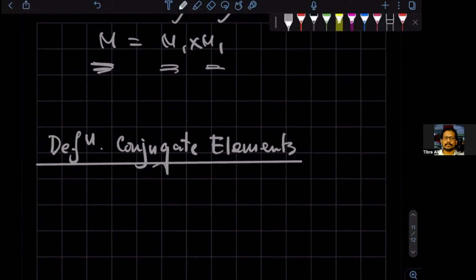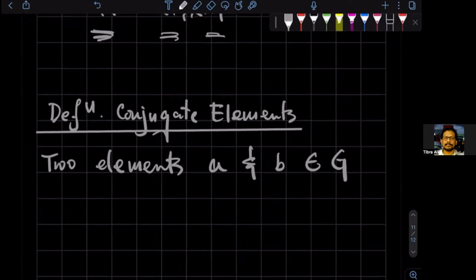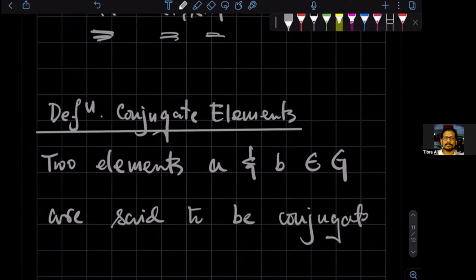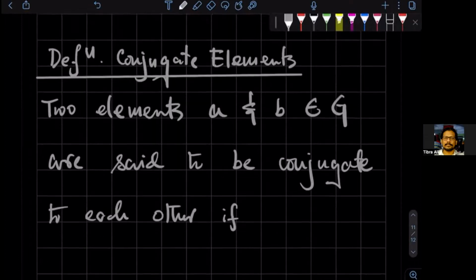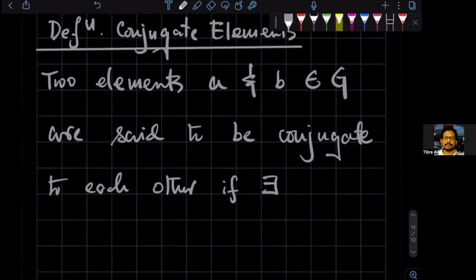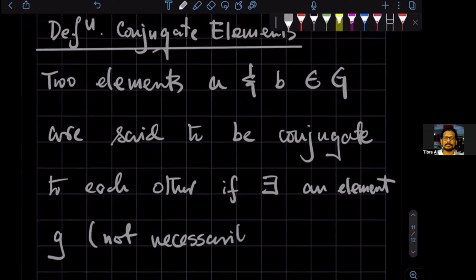Okay, so two elements, say A and B of a group, are said to be conjugate to each other if there exists an element G, not necessarily unique.